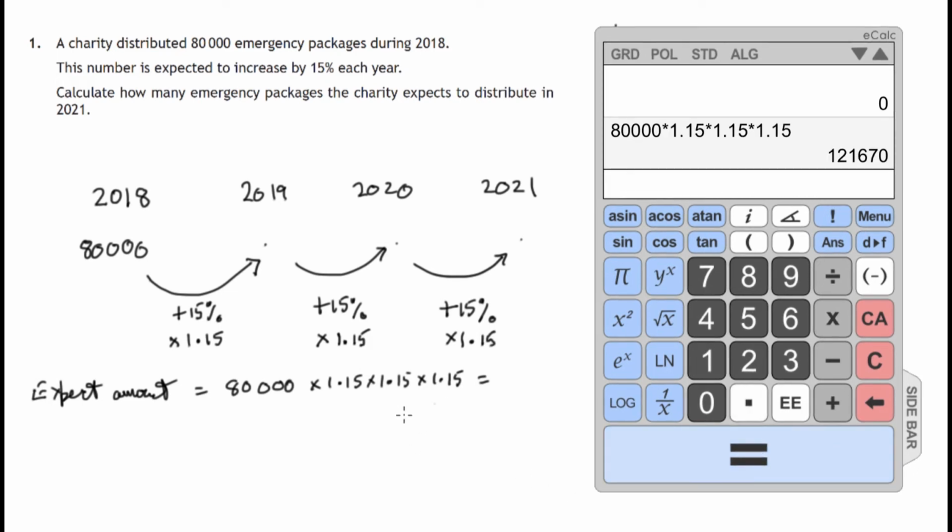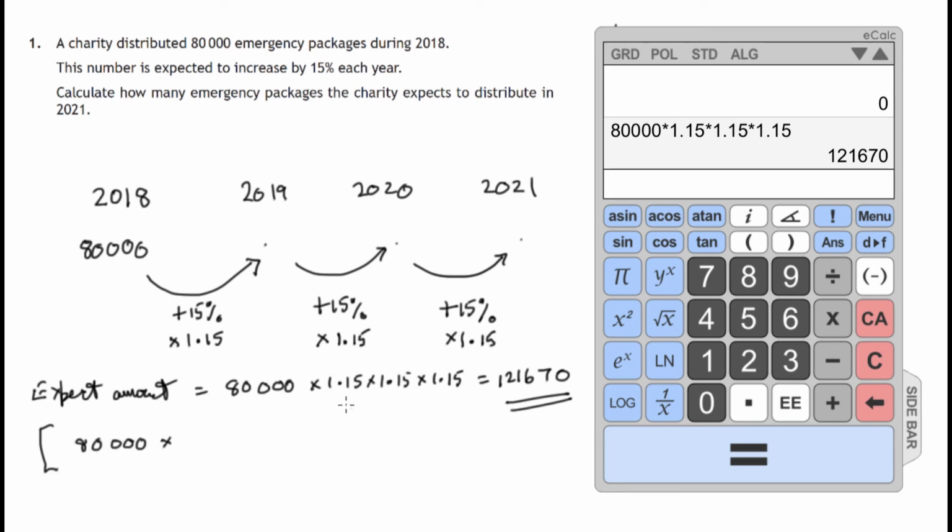And that gives us 121,670. Now are we given an accuracy? We're not, so we'll just use that number as it is. The expected number would be 121,670.